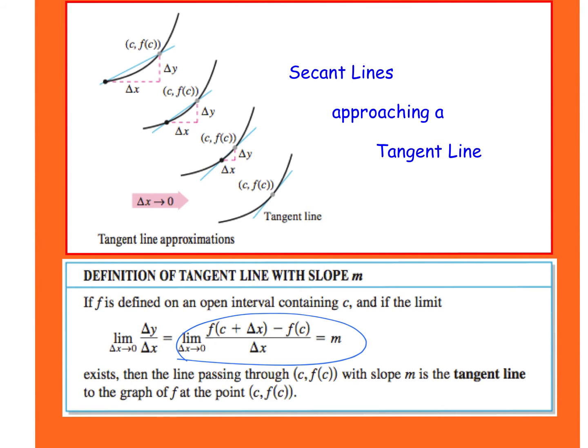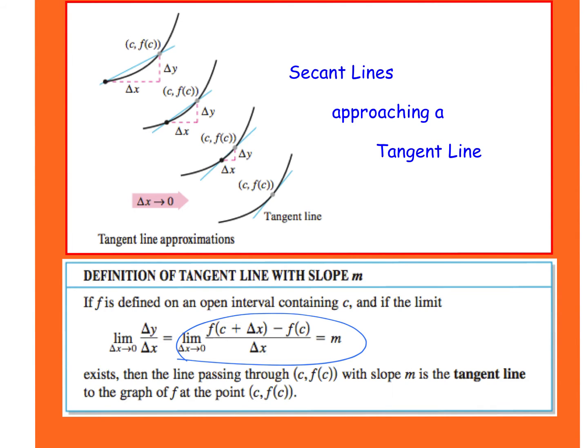So what's really happening behind the scenes is our delta x is approaching 0. What that means is delta x is the width of x. And so what we're doing is taking this delta x and getting closer and closer to where I want the slope to be until I get to 0, because that's what our limit as delta x approaches 0 is.